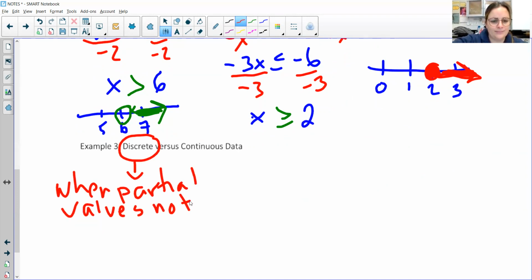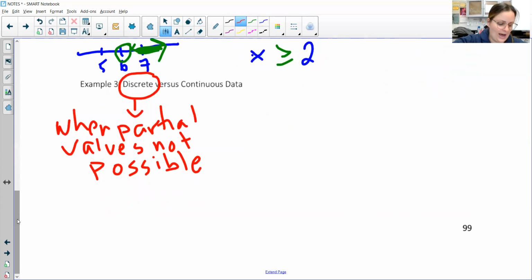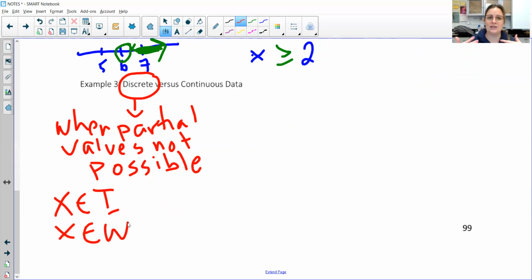Okay, so these are going to include solutions where x can be an integer, so it can be a negative value. X can be a whole number, so all our counting numbers plus the number 0, and then x can be a natural number. And we tend to use these a lot when we're talking about real life.